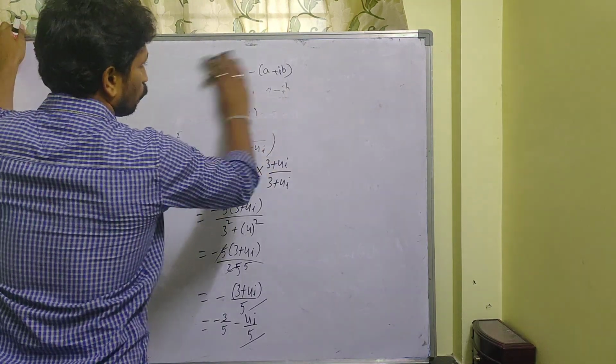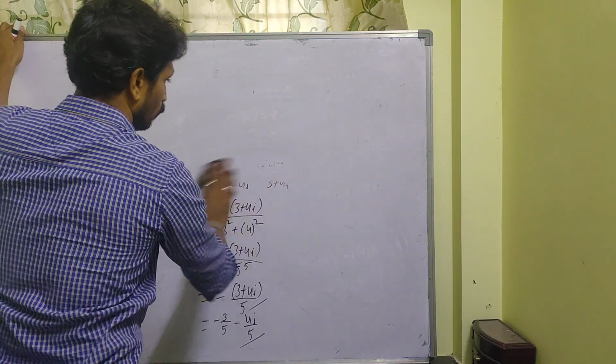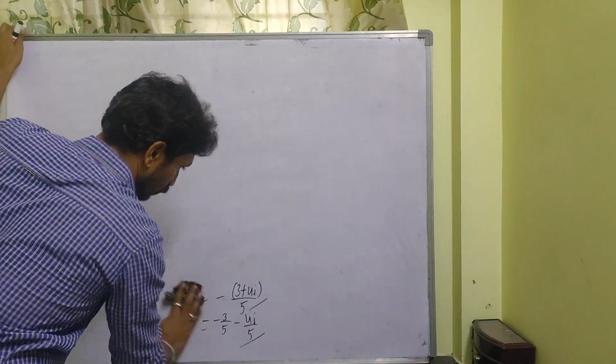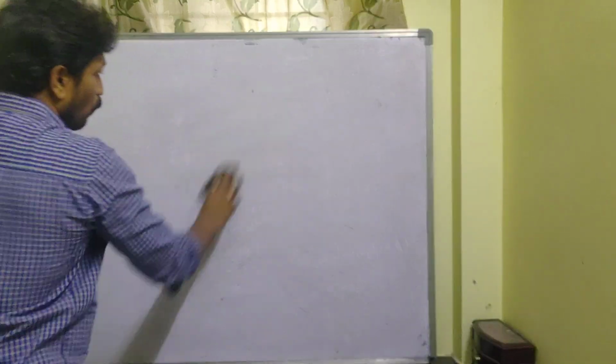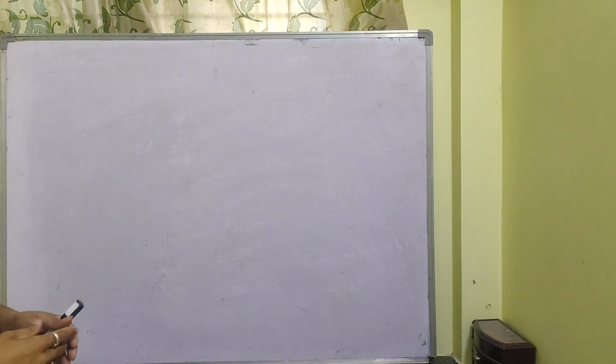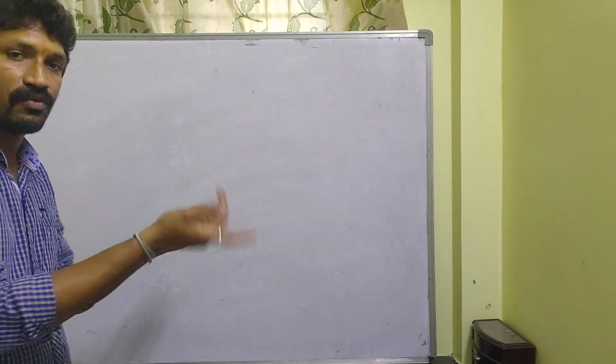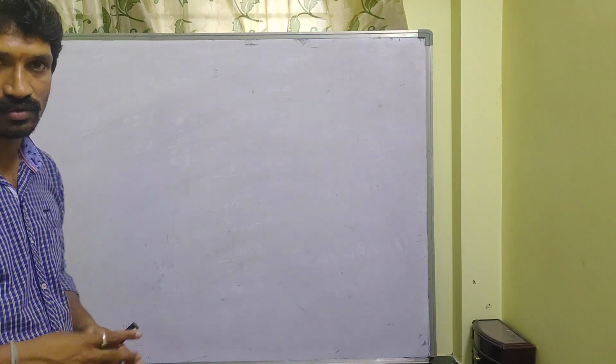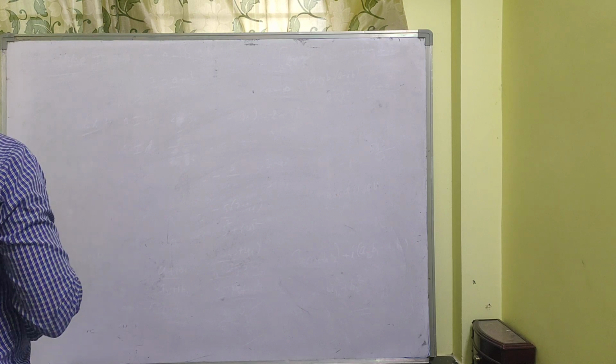Multiplicative inverse. We can say a number is the multiplicative inverse of another number if the product of them becomes 1. Okay, so multiplicative inverse.